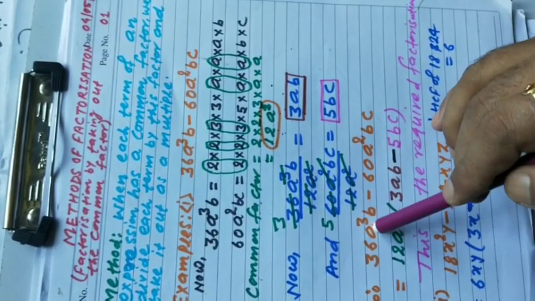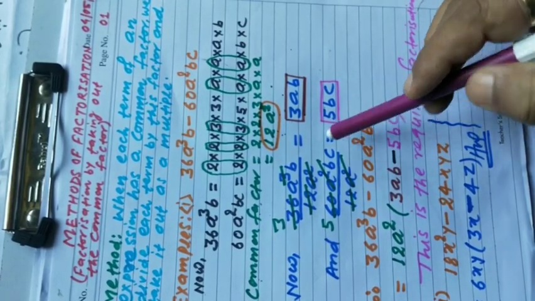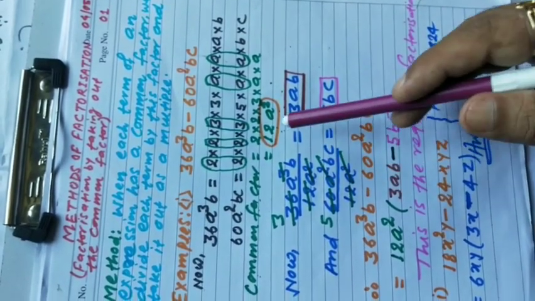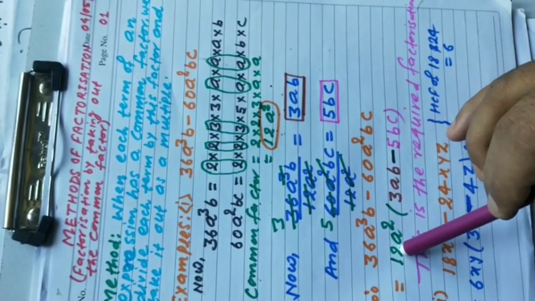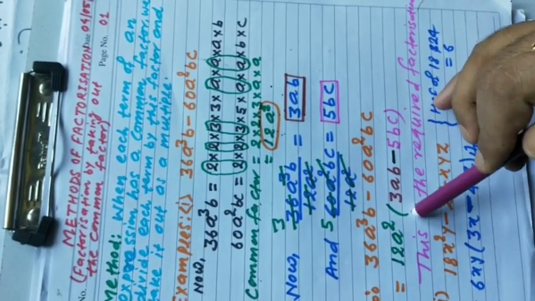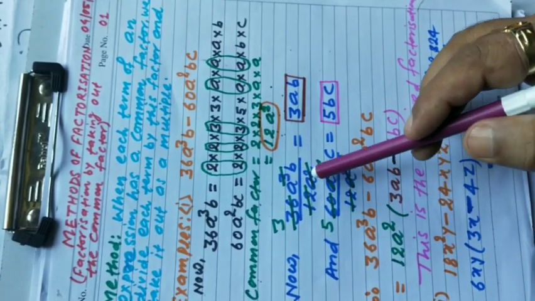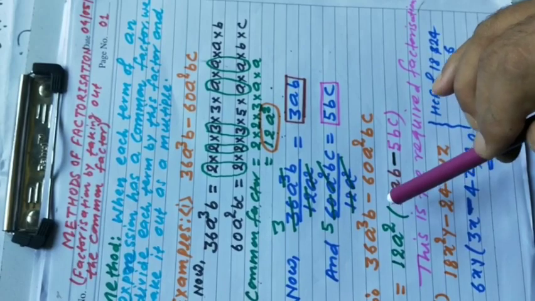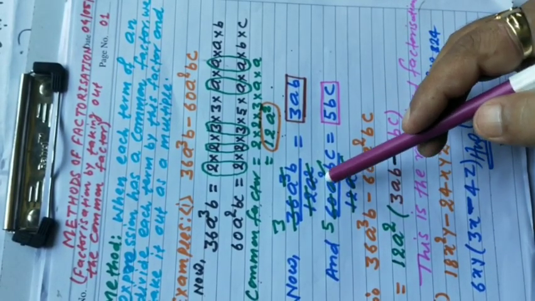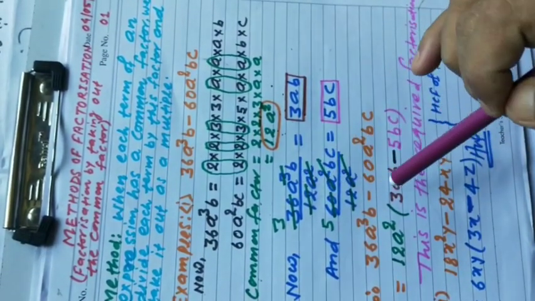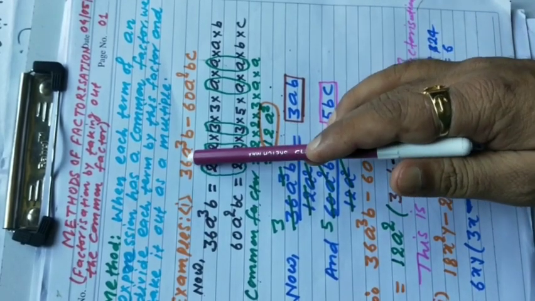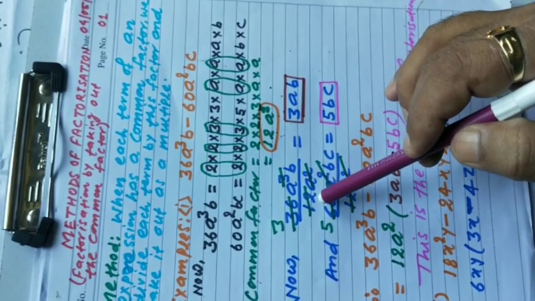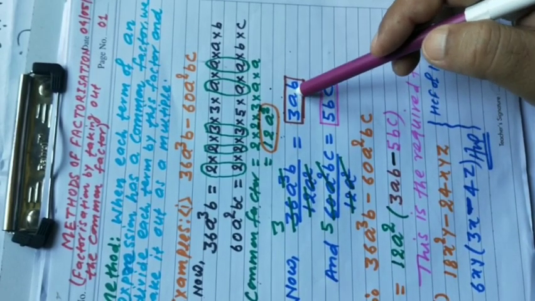So therefore 36a cube b minus 60a square bc, take the common factor as common. The common factor is 12a square, and then put a bracket. After taking common we have to just put the bracket, and we have to write the first term, that is 36a cube b, when divided by 12a square, then the quotient is 3ab.